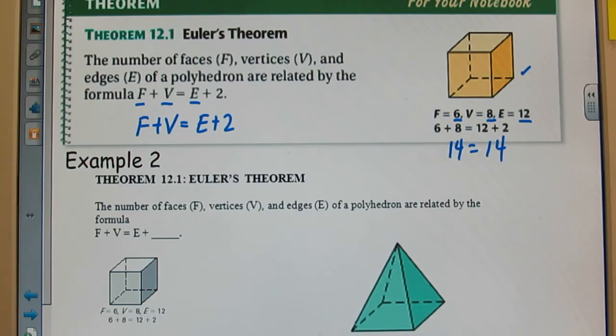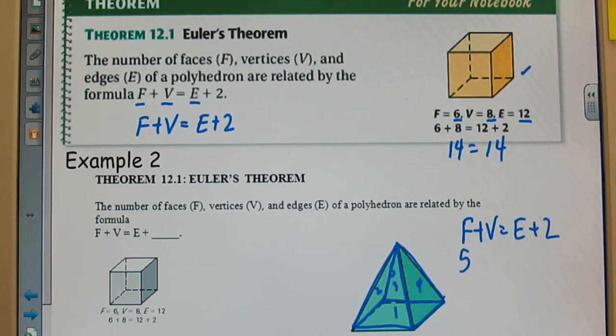Looking at my little example right down here, I can solve for one of the missing sides. Let's say we're going to solve for edges. I always write the formula first: F plus V equals E plus 2. My faces: 1, 2, 3, 4, and then 5, the front one.